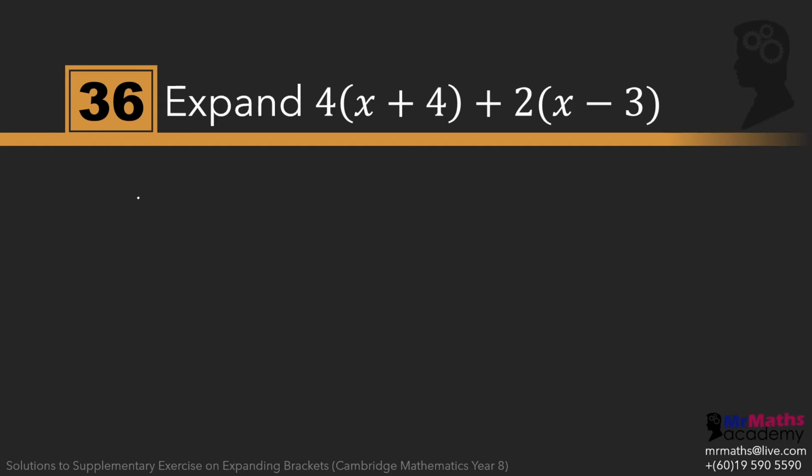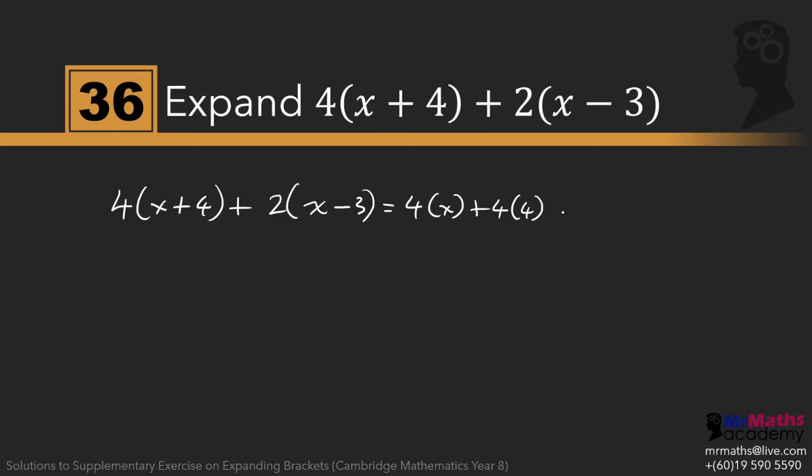Again, we have two expansions here. So 4 times x plus 4, plus 2 times x minus 3. And we're going to do separate expansions. 4 times x plus 4 times 4. And the second expansion, 2 times x plus, we have a minus number here, so I'm going to do it separately, 2 times minus 3.